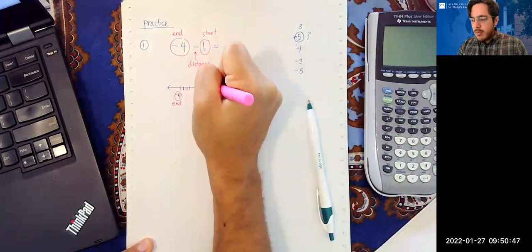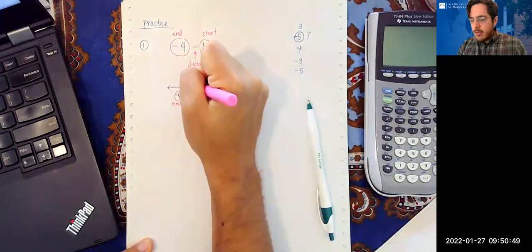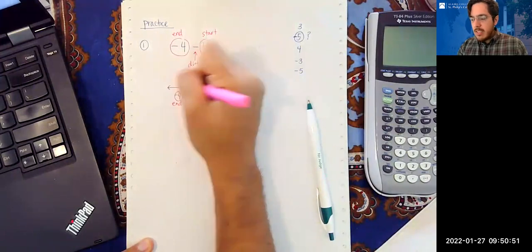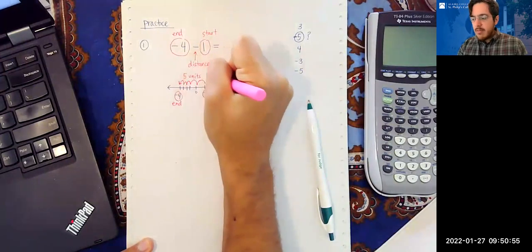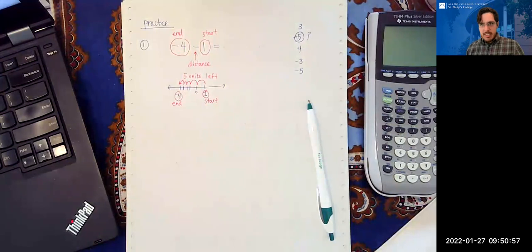So I need to move 1, 2, 3, 4, 5 units to the left. Correct? Does that make sense? Yes. So if I moved 5 units to the left, what should my answer be? -5.